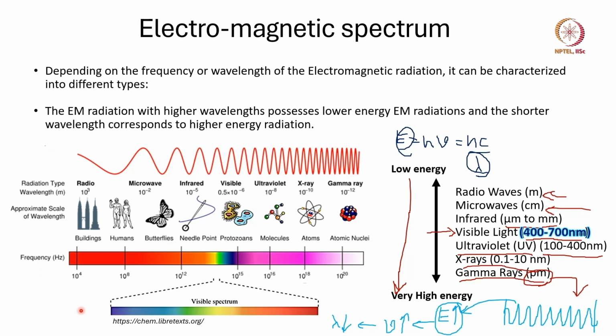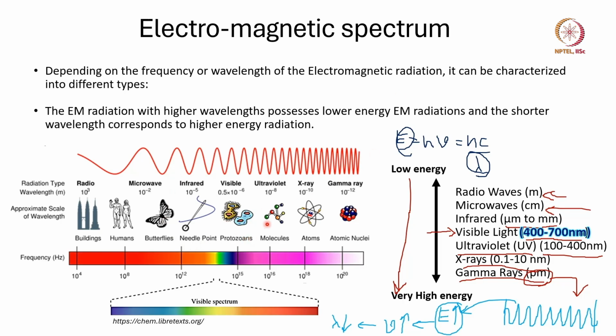This figure shows the scale of different wavelengths of electromagnetic radiation in comparison to real-life objects. As explained before, the radio waves have the longest wavelength, in the order of meters and kilometers, almost as much as the size of buildings. The microwaves are a little shorter, and infrared has a wavelength almost in the range of the size of the tip of a needle.